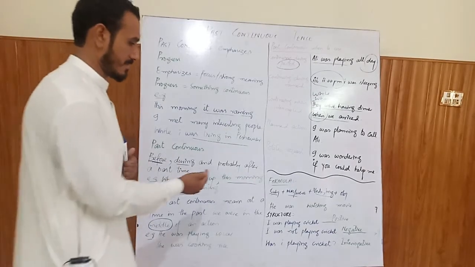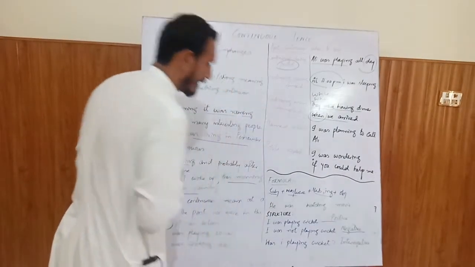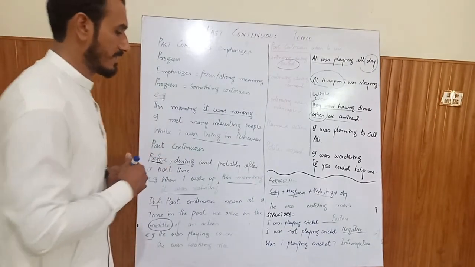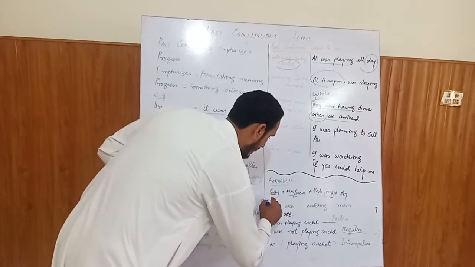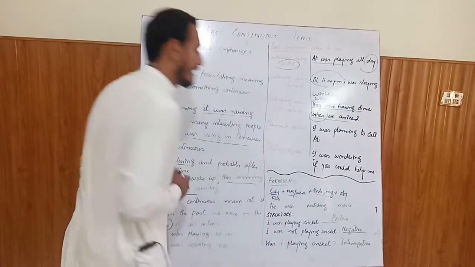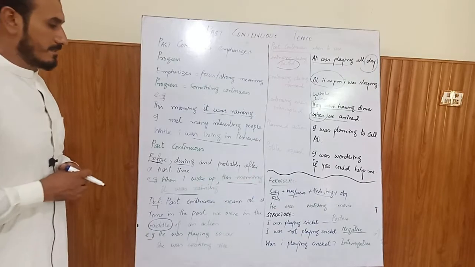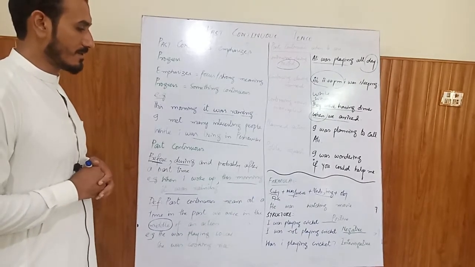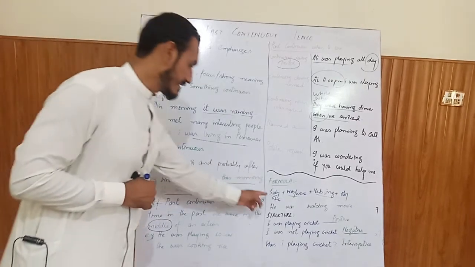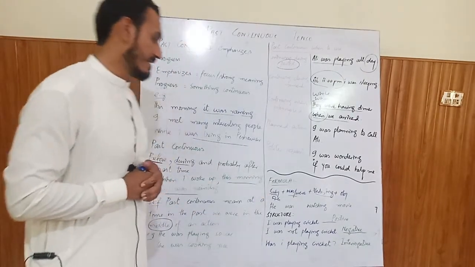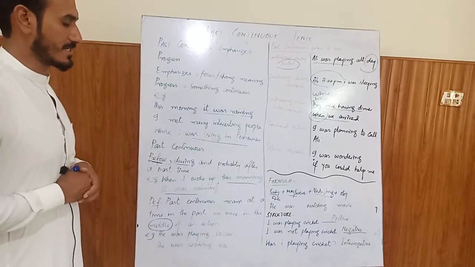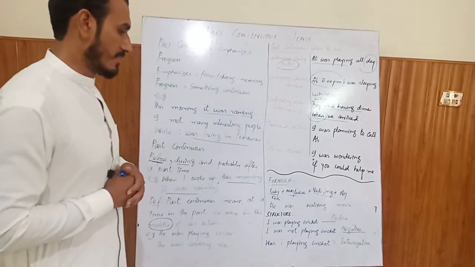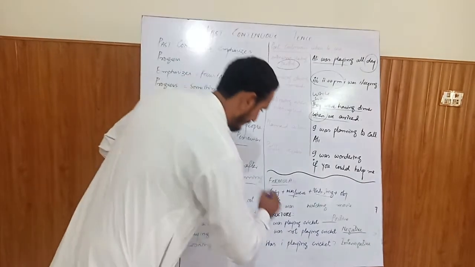Look at this formula. He is subject, and subject must be noun or pronoun. If I write here Ali or he, both of them are subject. Subject must be noun or pronoun. Was is here the to be verb or helping verb.